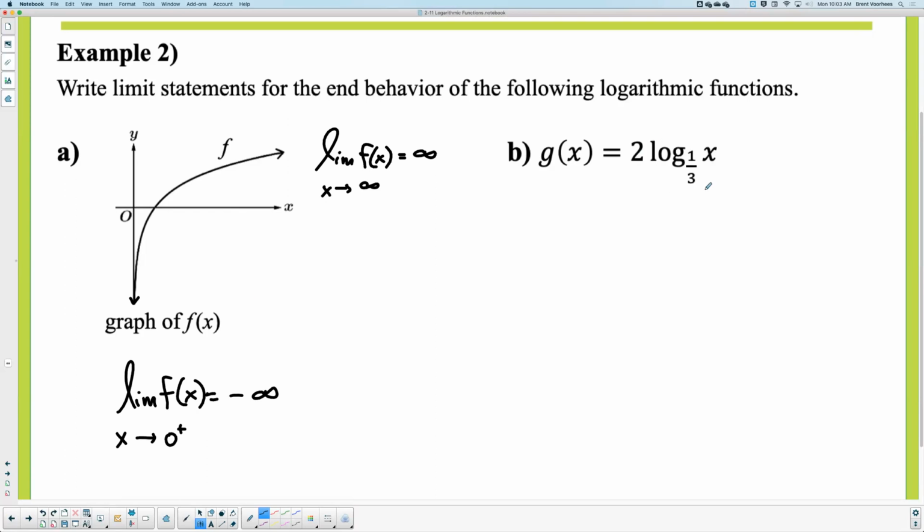Okay, do you remember what this would look like as a graph? Okay, well, I'll tell you, what would happen is your x's get multiplied by 1/3.